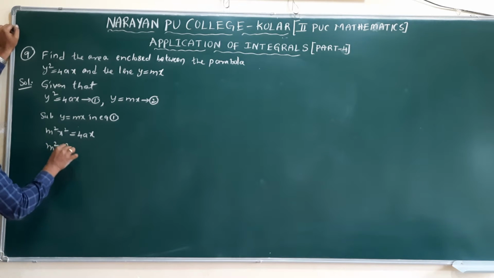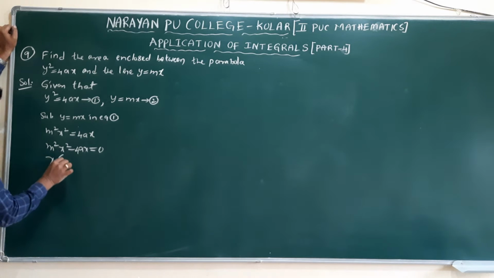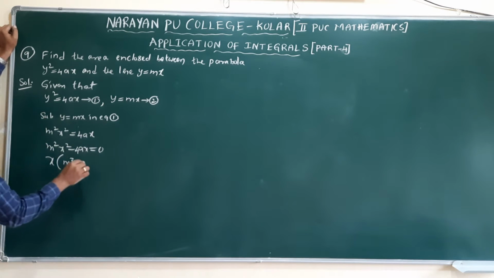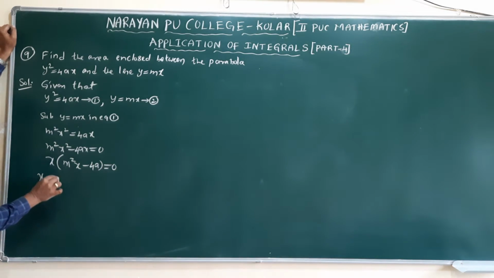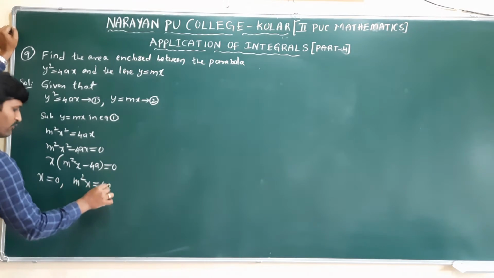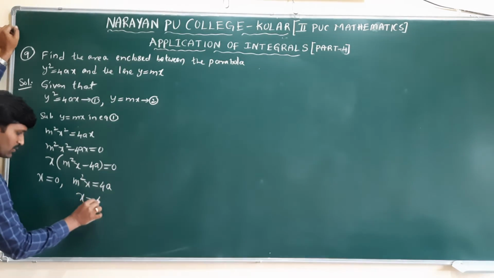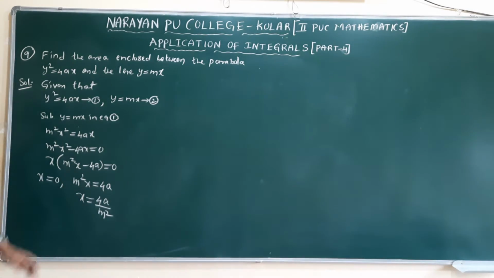M square x square minus 4ax equal to 0. Take x common, remaining x. M square x minus 4a equal to 0. Either x value is 0 or this term is 0, which means m square x equal to 4a, x equal to 4a by m square. This is some unknown value.